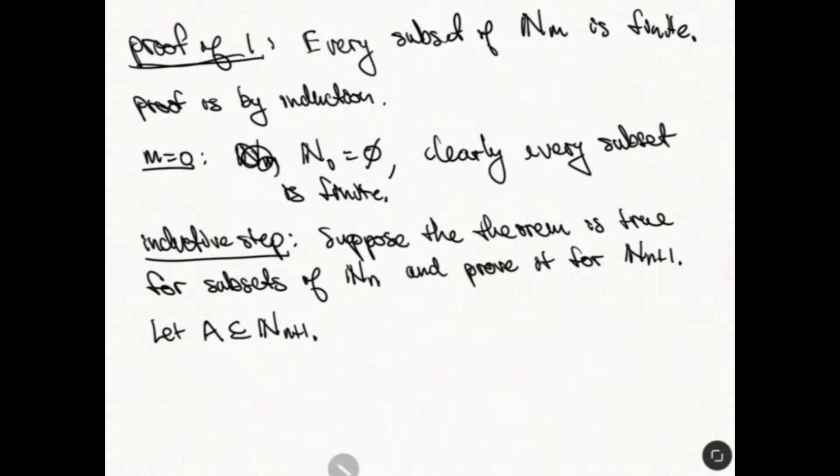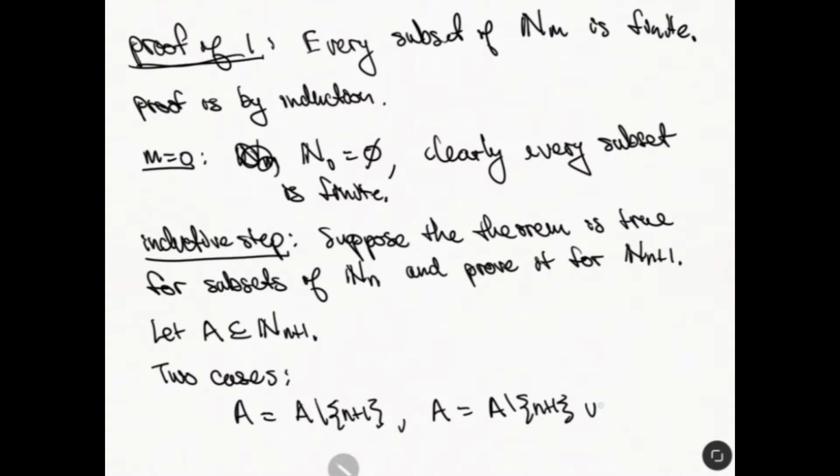The first is that A is equal to A minus {n+1}. The other one is that A is equal to (A minus {n+1}) union {n+1}.